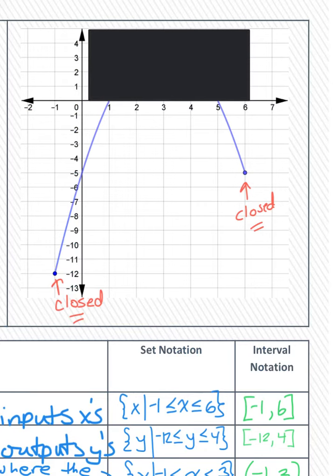The second interval starts at x equals 5 and ends at x equals 6. At x equals 5, the output is 0, neither positive nor negative, so we would consider that open. But at x equals 6, the output is clearly negative, at negative 5, so that would be considered closed.